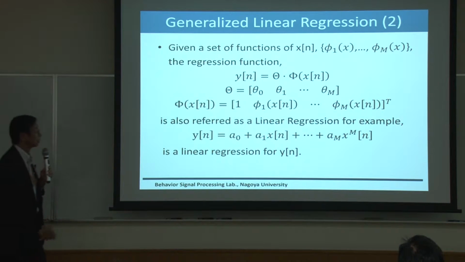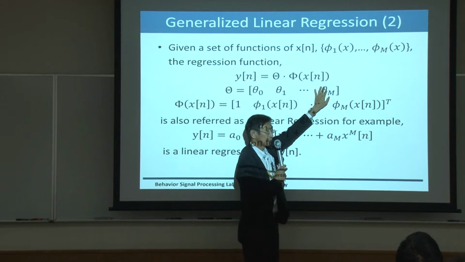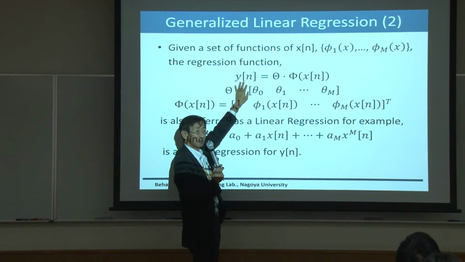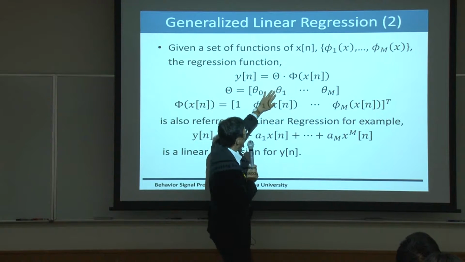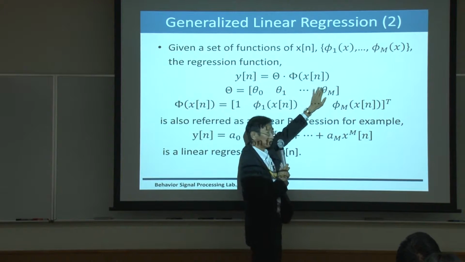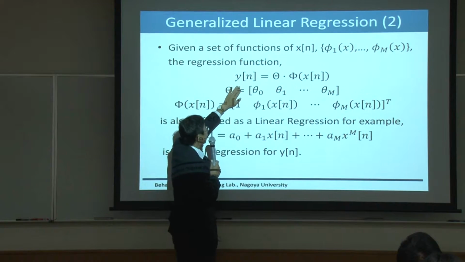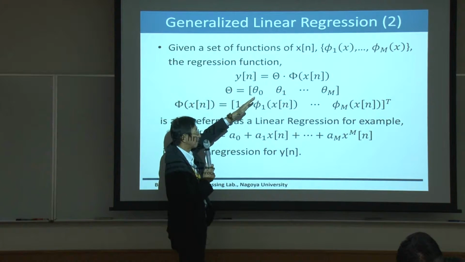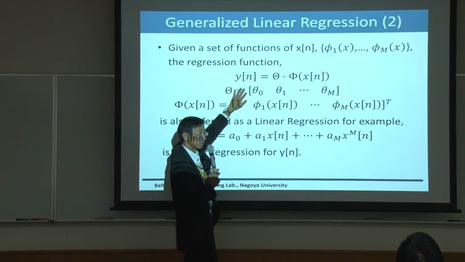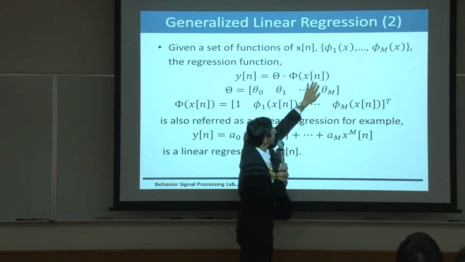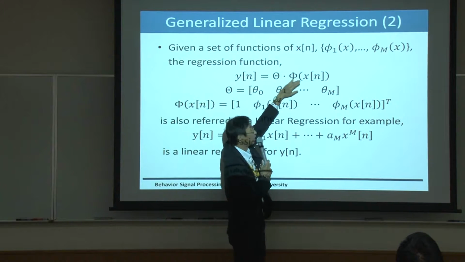So here's the formulation. Y n and x n, these two variables are mutually dependent. In the previous cases, I used the simple order number n as a signal x n, and I wrote the output or dependent variable using x n. But here I introduced a new signal y n, and these two signals x n and y n are related with this linear form.